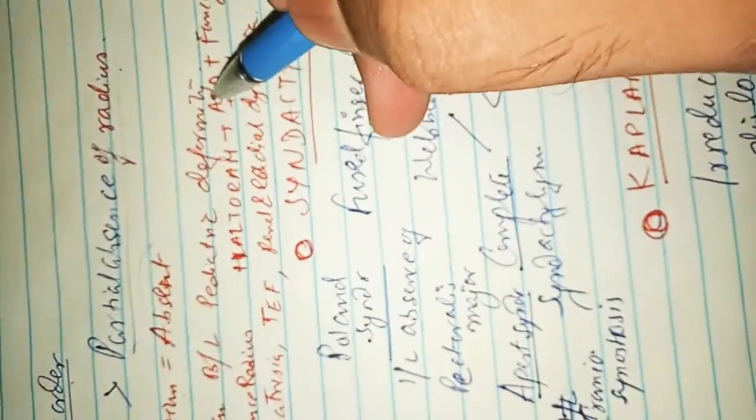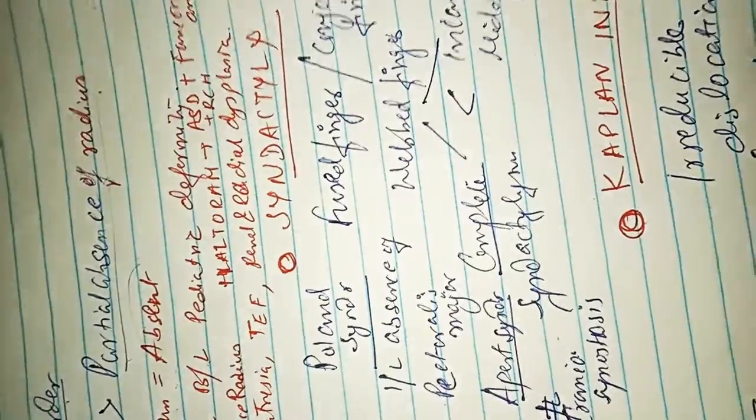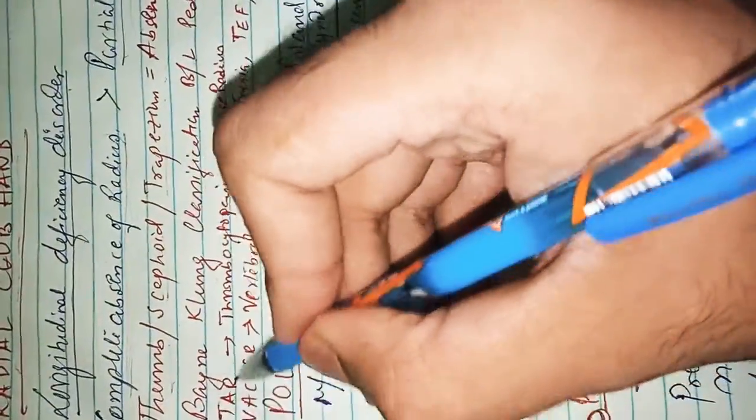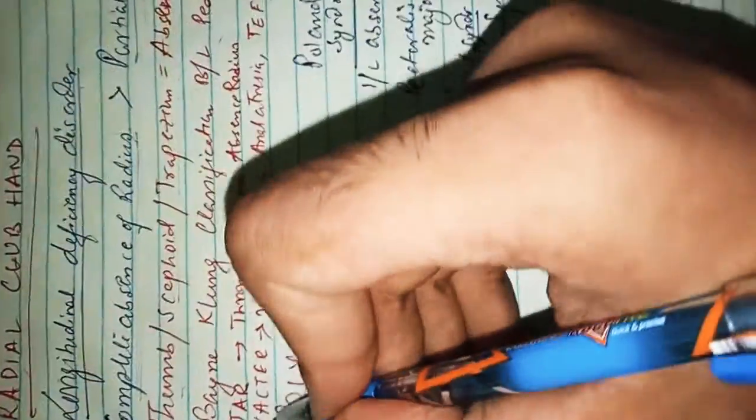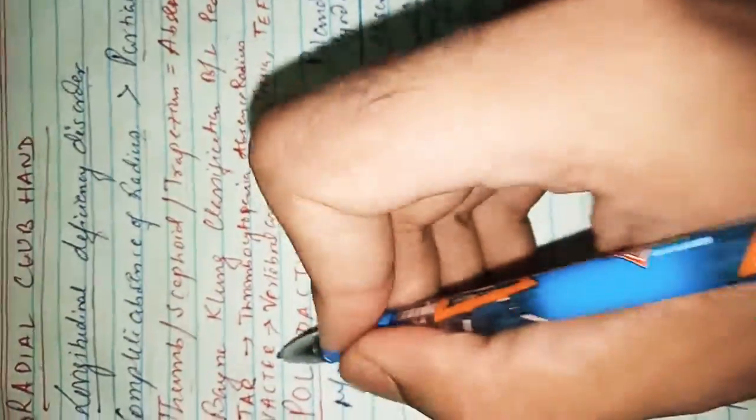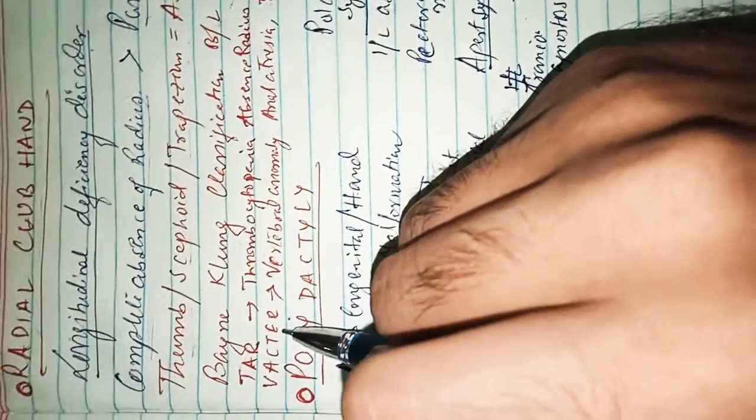So Bain-Klang classify it as a bilateral pediatric deformity with some syndrome which is congenital. That can be TAR syndrome. What is TAR syndrome? Thrombocytopenia, and there is an absence of radius. So thrombocytopenia with absence of radius, or it can be a Vector syndrome, which is very important in case of tracheoesophageal fistula.